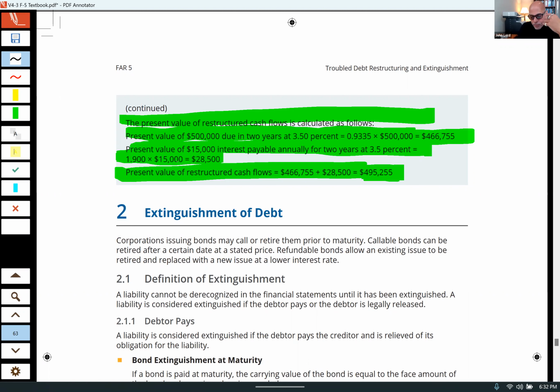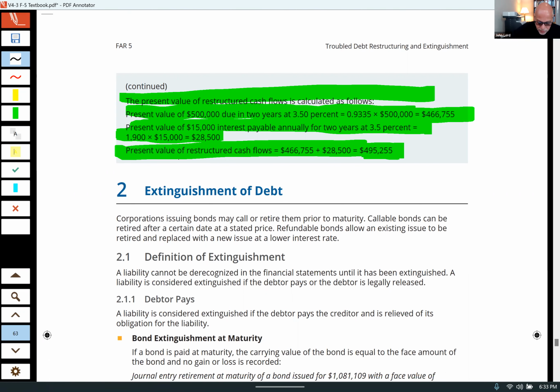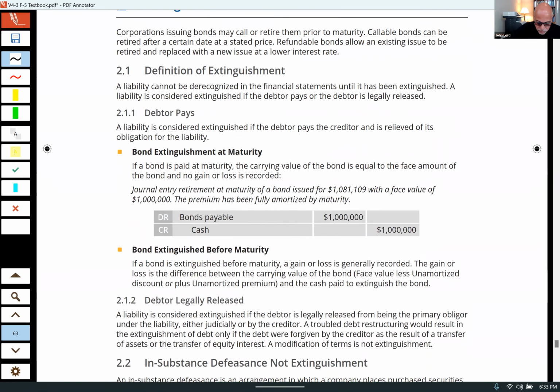If I pay more cash than whatever the carrying value of the bond is, that's a loss on the extinguishment. If I pay less cash than the carrying value of the bond, that's going to be considered a gain on extinguishment. So you're going to have to calculate the reacquisition price.